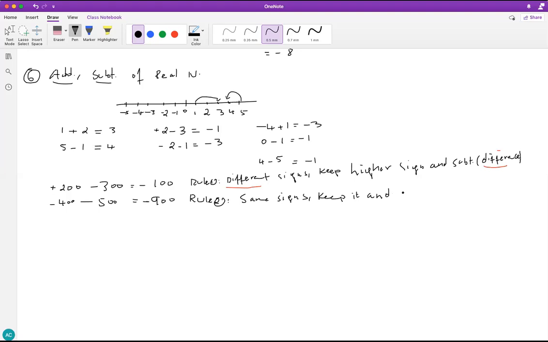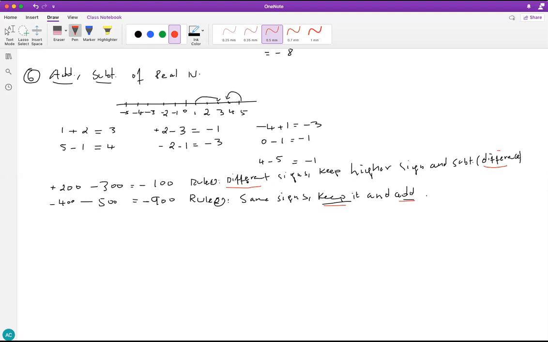If it's two minuses, would you subtract? No. If it's two additions, you would add them. Same sign, we keep that same sign, and we add the two values. Okay, so keep it and add.